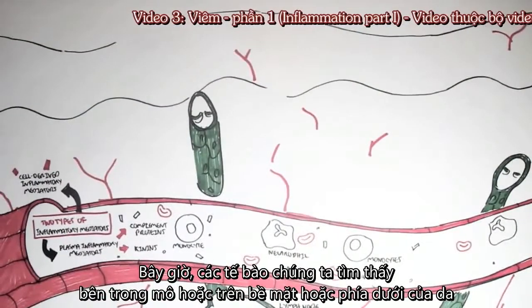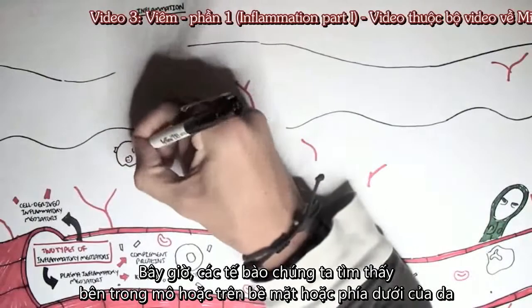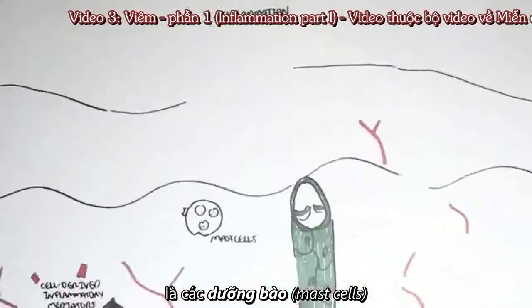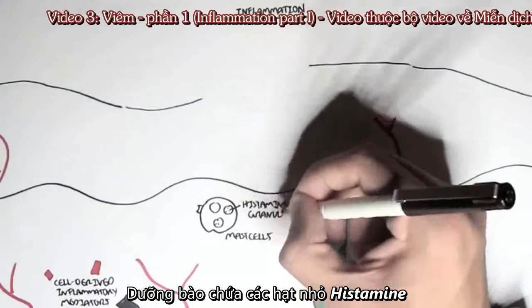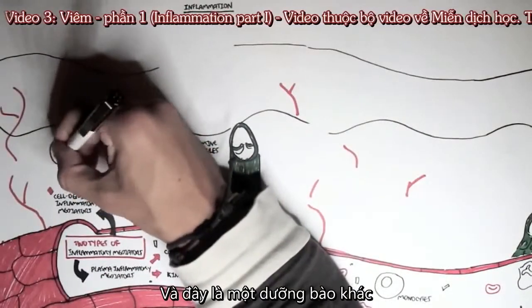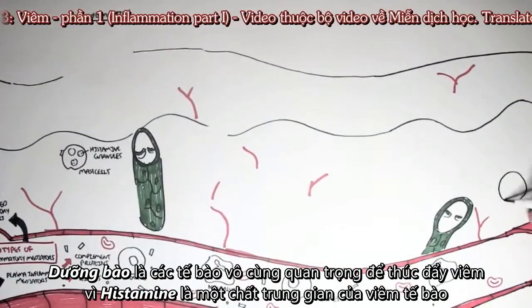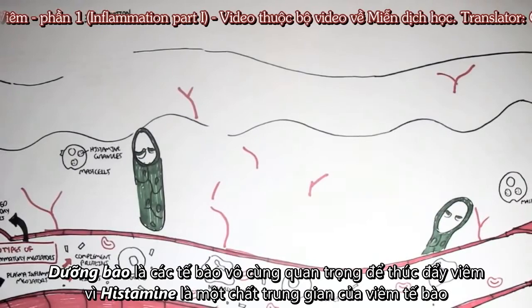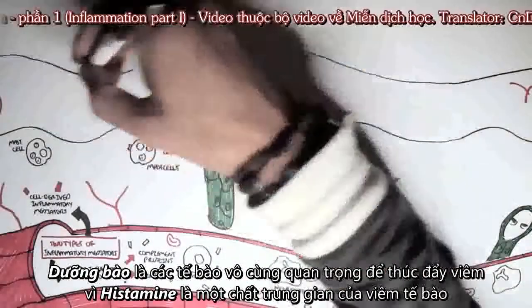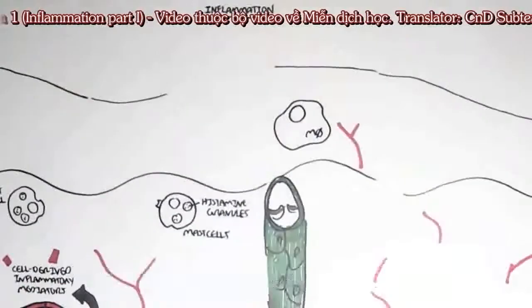Now, the cells that we find within the tissue or within the surface of the skin or beneath the skin are what's known as mast cells. Mast cells contain histamine granules. And here we have another mast cell. Now, mast cells are really important cells to promote inflammation because histamine is a cell-derived inflammatory mediator.